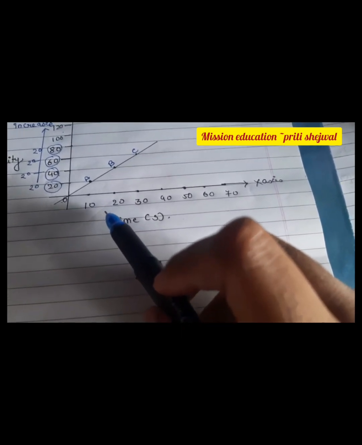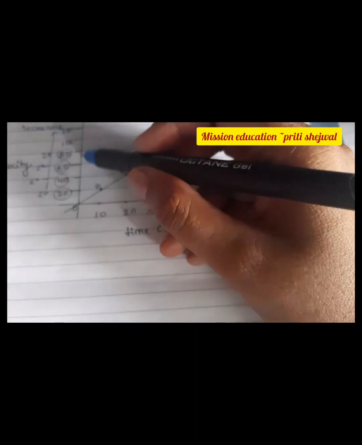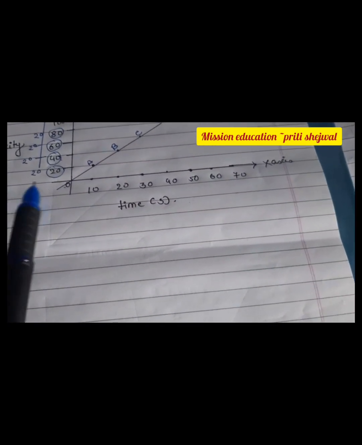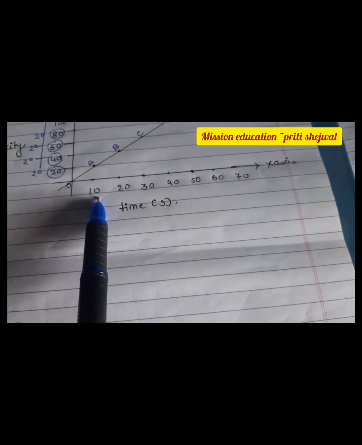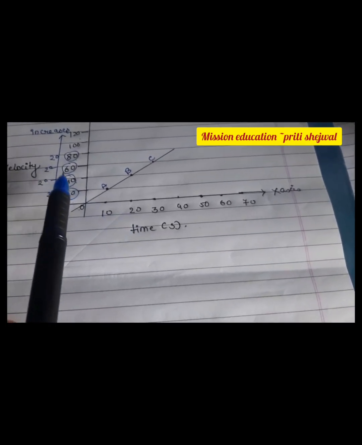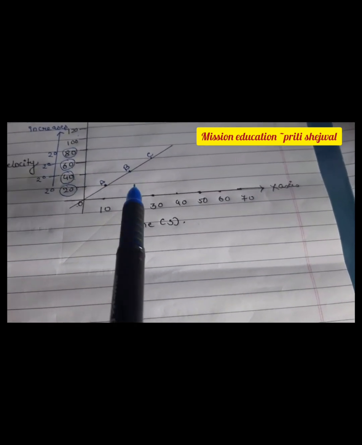The car is in uniform velocity, means the velocity is changing. 20 meter per second in 10 seconds. So after each 10 seconds, the velocity is changing. So that's why it is called uniformly accelerated motion.